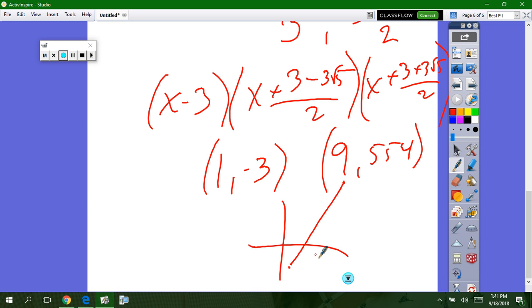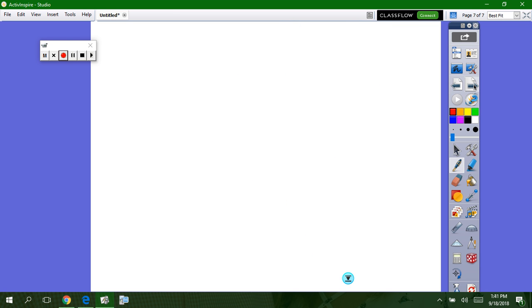Okay? All right, this is our last example for the day. All right, last example. If I gave you zeros 3 and 1 minus i, I would like to write a polynomial with those zeros. What degree should that polynomial be?